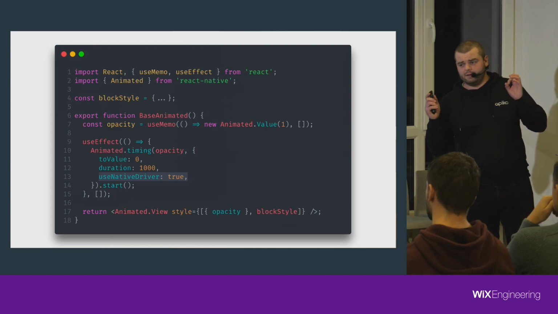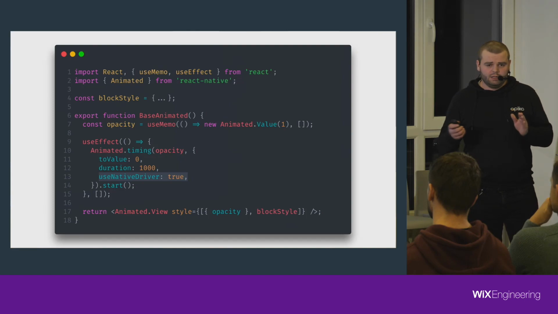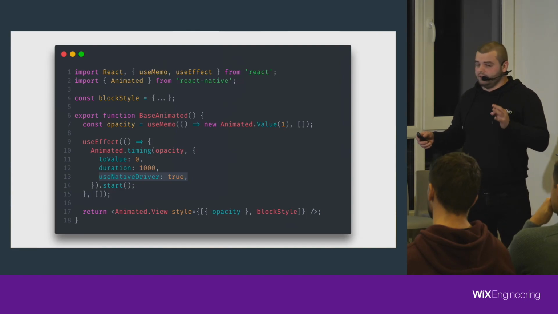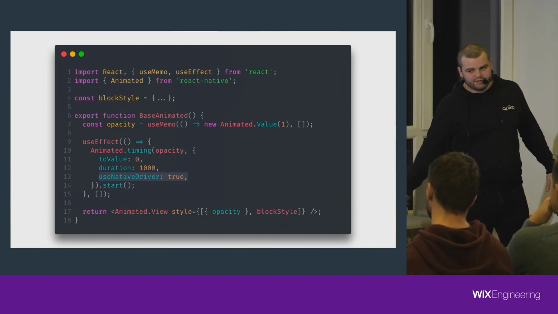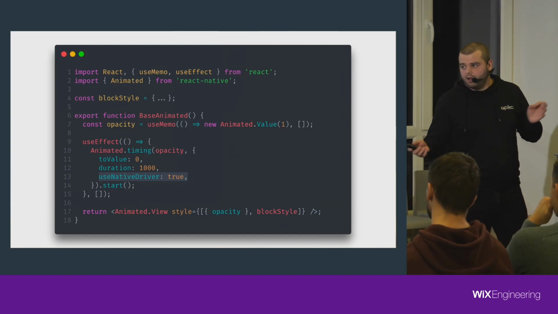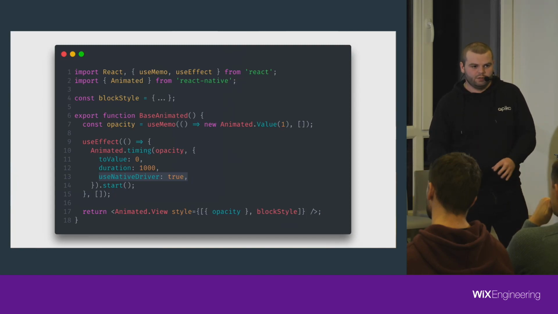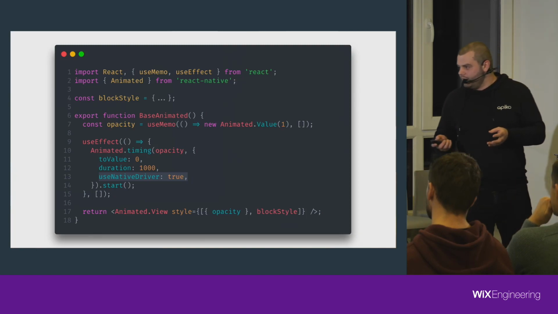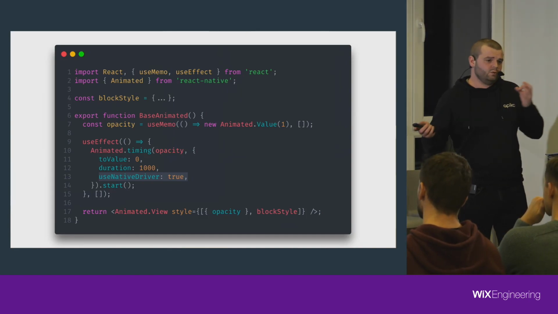It's the flag which allows us to run the animation on the native thread, basically the UI thread, because it will be 60 frames per second. Even if the JS thread is blocked, it will still be really smooth, and we won't notice that at all. So basically, that's the code we all used to write.